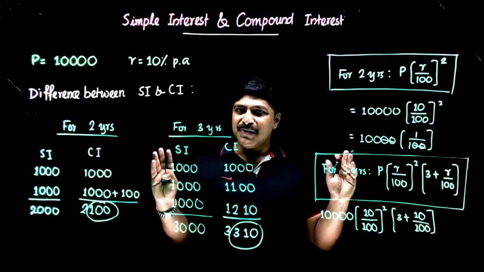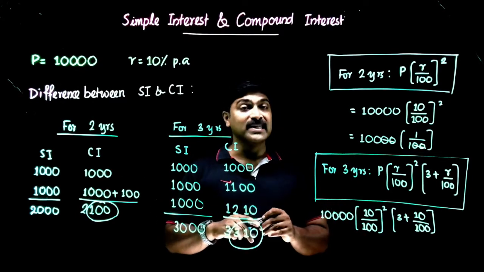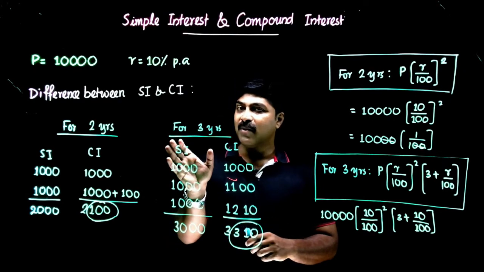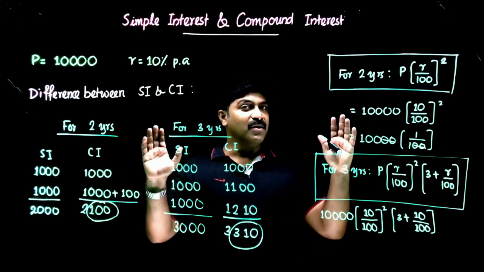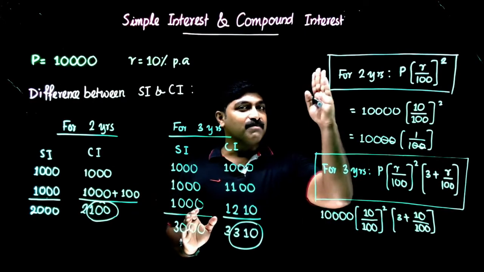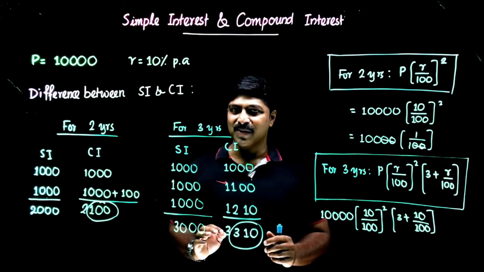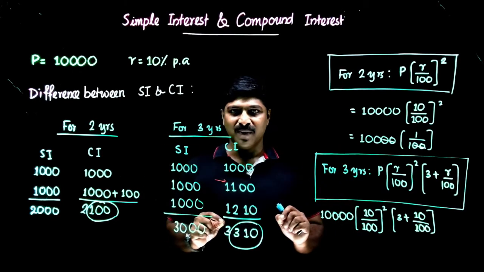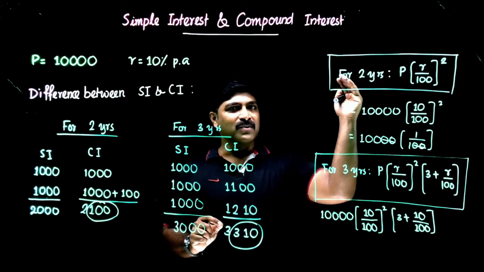This is the simple way to find the answer for such questions from the very important topic of simple interest and compound interest. Whenever you get such a question in your exam, you must follow this method.